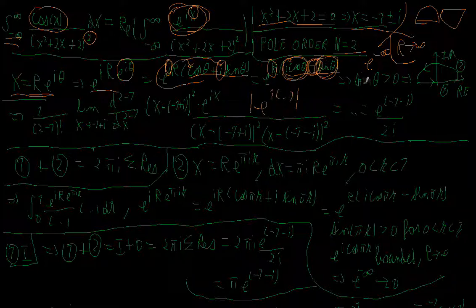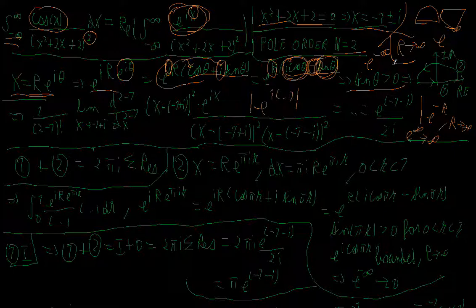So my sine of theta needs to be positive in order to get my e to the minus infinity, okay? I want to get e to the minus r, where r will tend toward infinity. And so for that, if sine of theta were negative, I would have negative times negative, so positive, and I would get e to the infinity, which would diverge, and that's not what I want, okay?